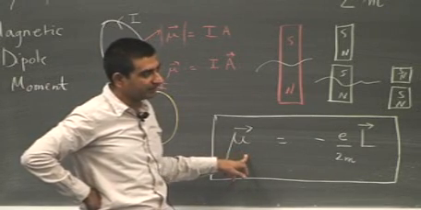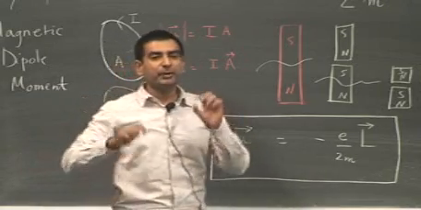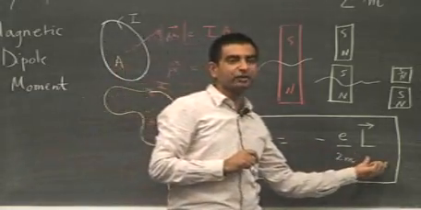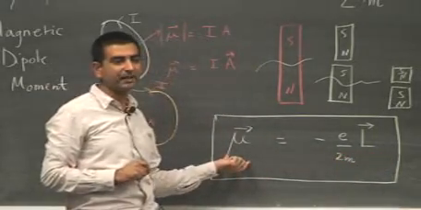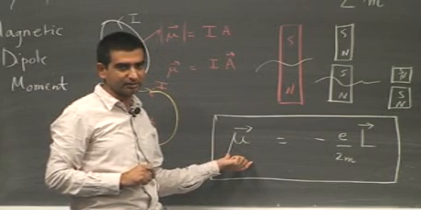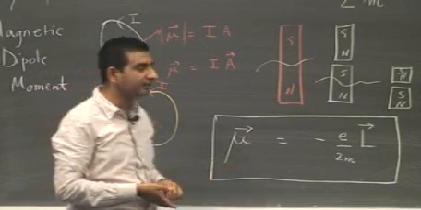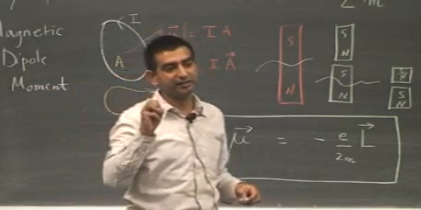And we look at that in a minute. So we can test the quantization of the angular momentum or its z component by testing the quantization of the magnetic moment or its z projection. So now we have a handle on how to test the space quantization idea.